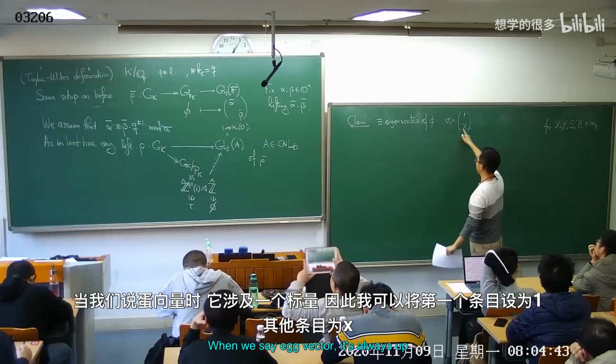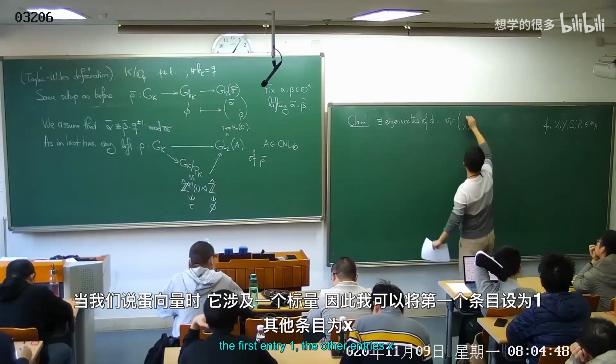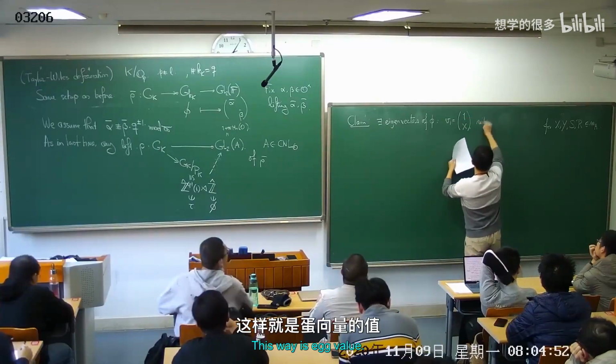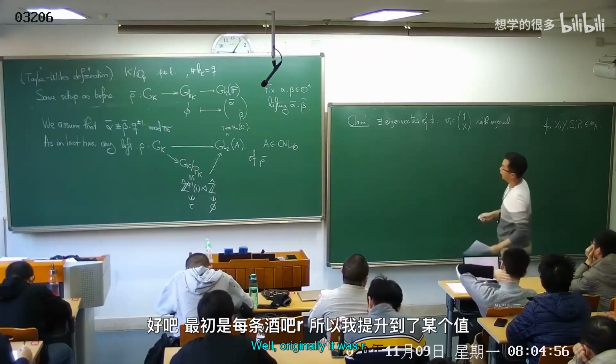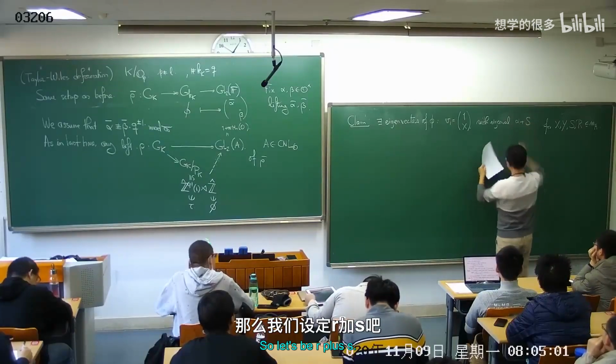Whenever we say eigenvector, it's always up to a scalar, so I can make the first entry 1. The other entry is x. This is with eigenvalue, well, originally it was alpha bar, so I lift to something. So this will be alpha plus s.